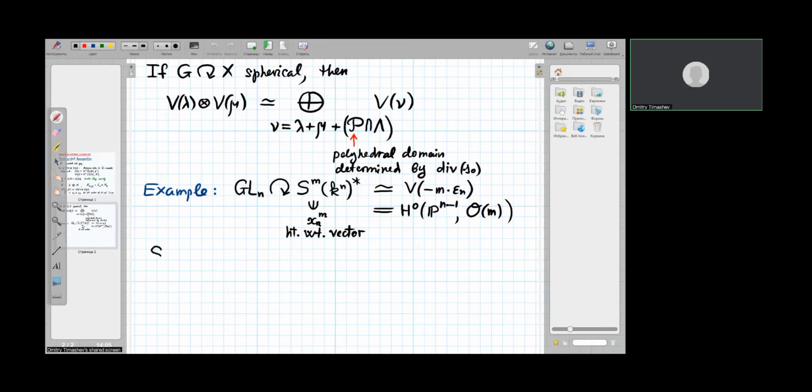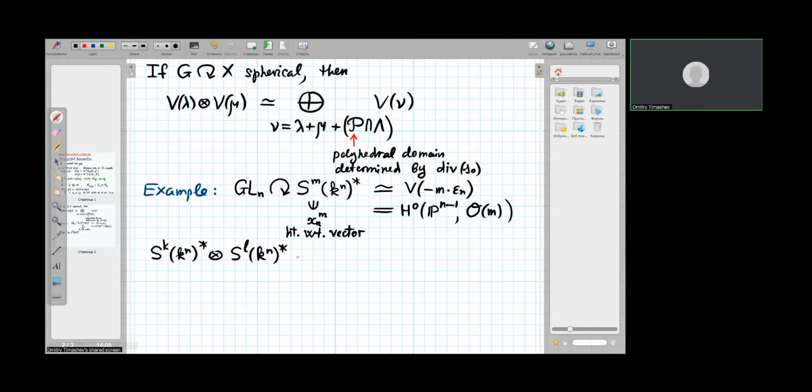Say take the k-th symmetric power of k^n star tensor with the l-th symmetric power of k^n star. And we want to decompose this tensor product into irreducible representations of GL_n.